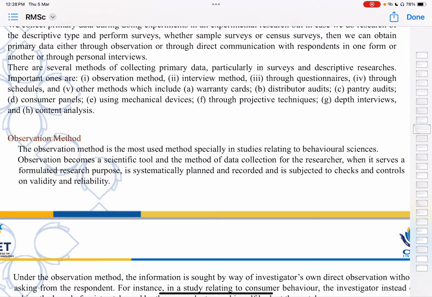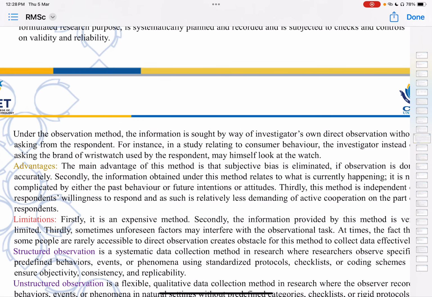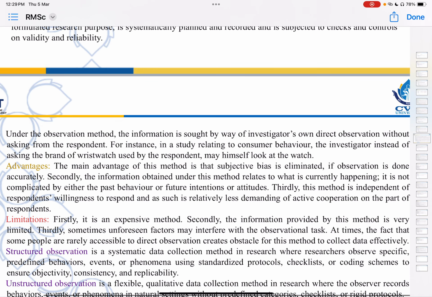Basically, in the observation method, we observe things and collect the data.